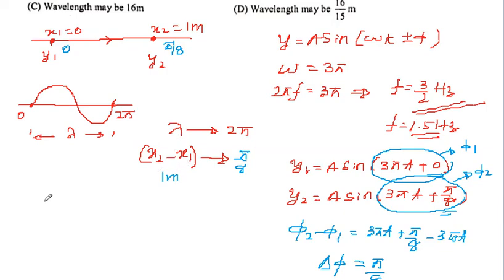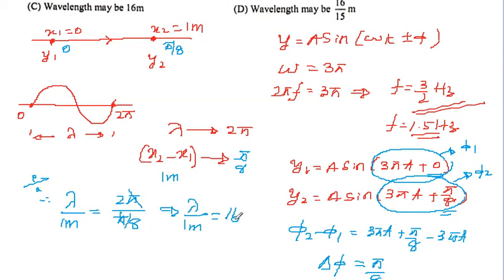Now I have to divide these two relations. Dividing the two proportionalities, lambda divided by 1 meter equals 2 pi divided by pi by 8. The pi cancels, and I am left with 16.